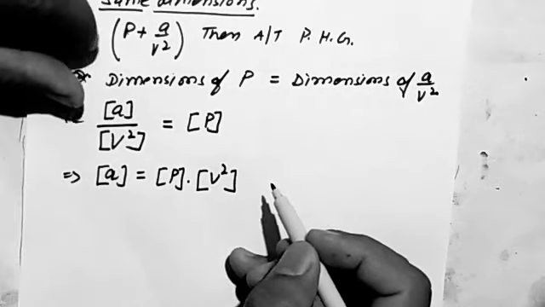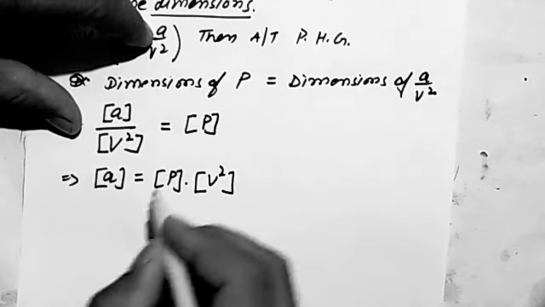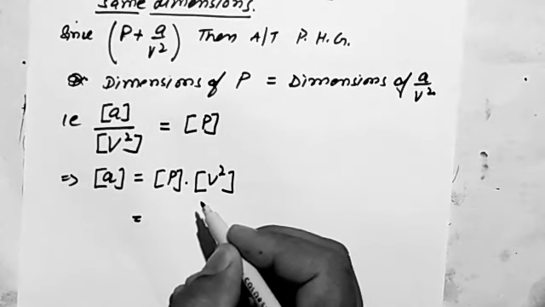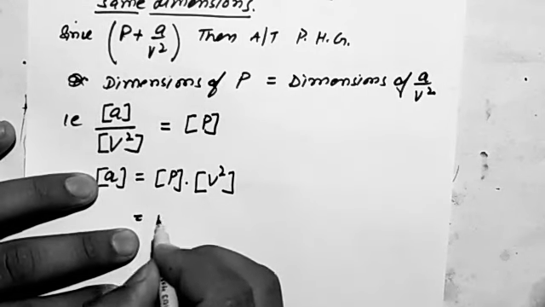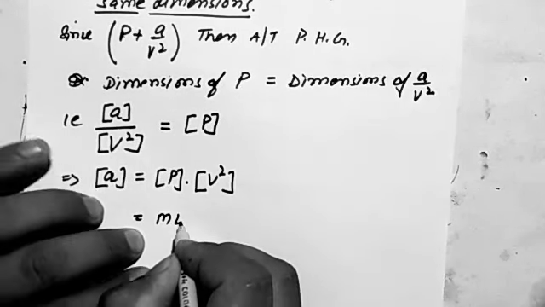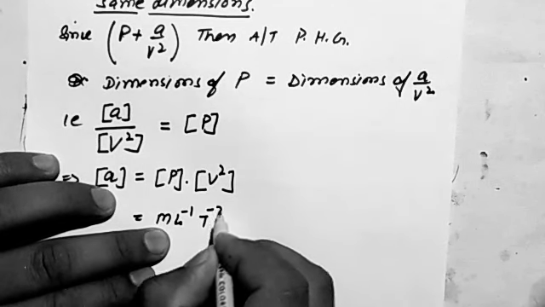Now we substitute the dimensional formulas of P and V square. P is the pressure, and pressure has the dimensional formula M L⁻¹ T⁻².